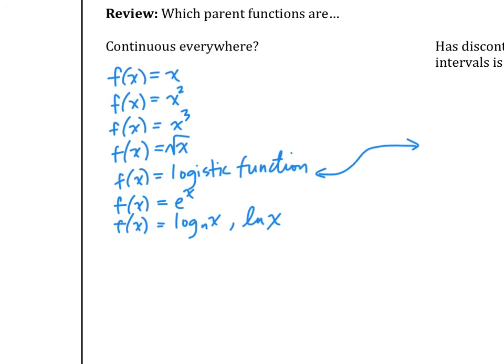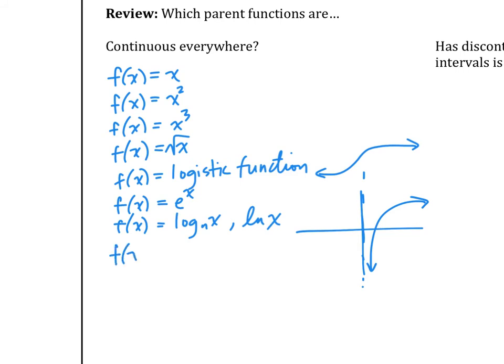And again, log is only continuous on its domain, meaning wherever it's defined. You hopefully remember that the function looks like this. So there is an asymptote there, but from where it is defined, it is continuous.